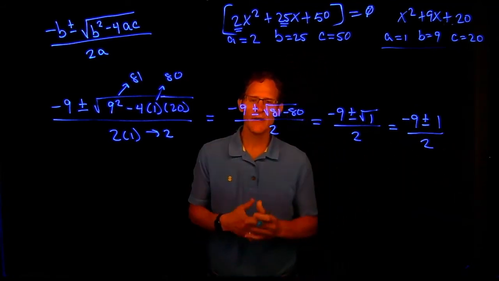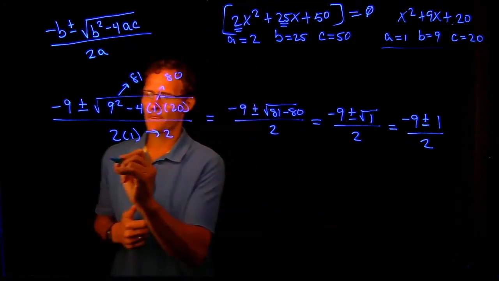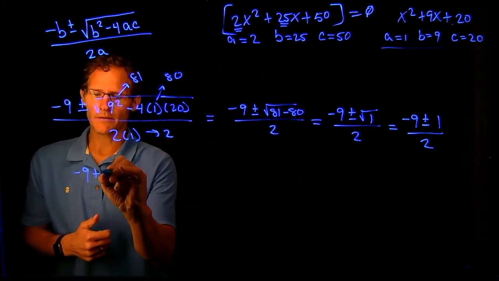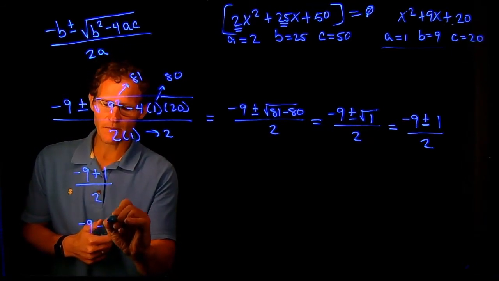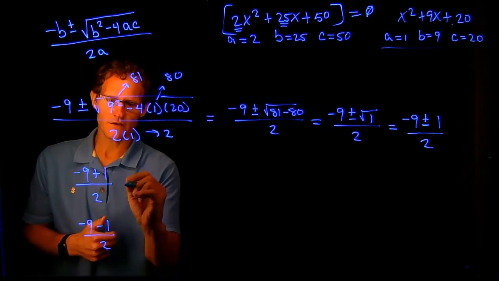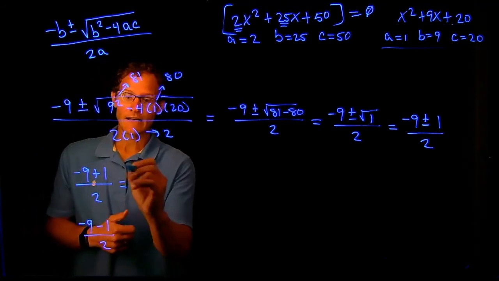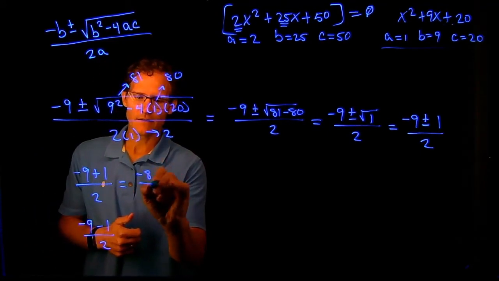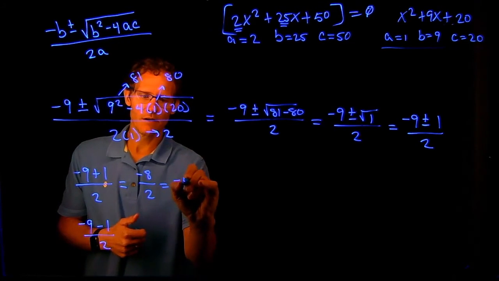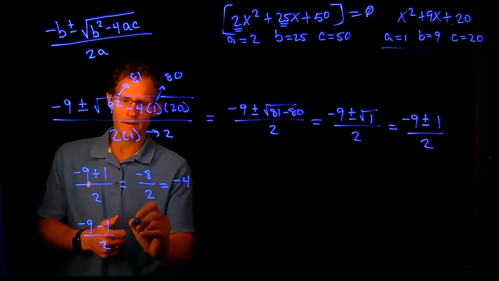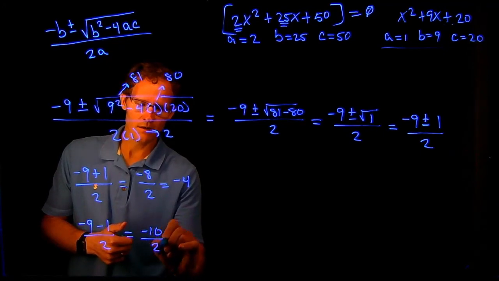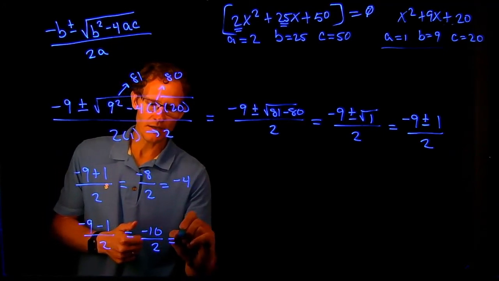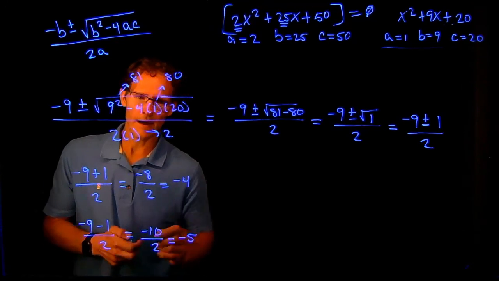At this point, we break it up into two equations: negative 9 plus 1 over 2, and negative 9 minus 1 over 2. Negative 9 plus 1 is negative 8 over 2, which is negative 4. Negative 9 minus 1 is negative 10 divided by 2, which is negative 5.